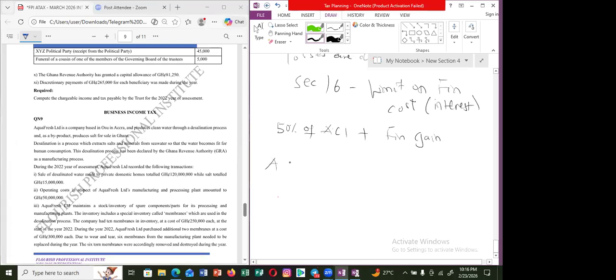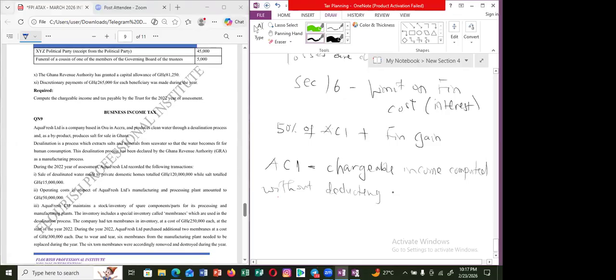And when we say adjusted chargeable income, we mean chargeable income computed without deducting the financial cost in question.